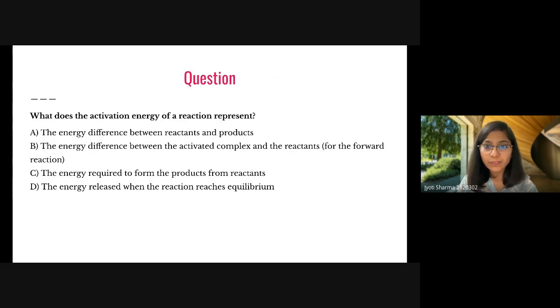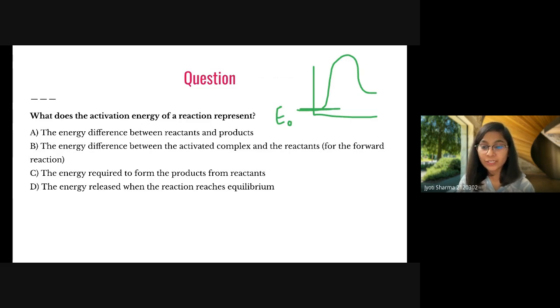So let me first tell you the graph. So for example, this is one graph, and let's say this is the energy that the reactant already had. Okay, so let's say we can show this by energy. That was the initial energy that the reactant already had.